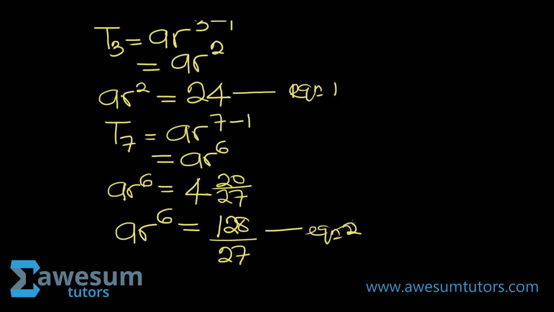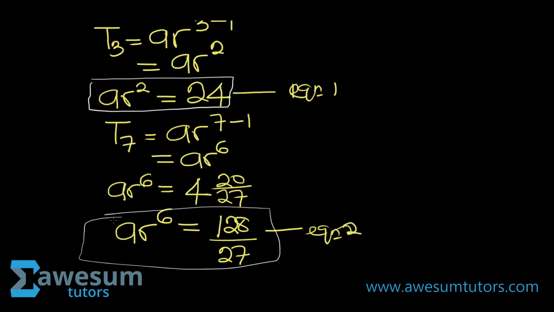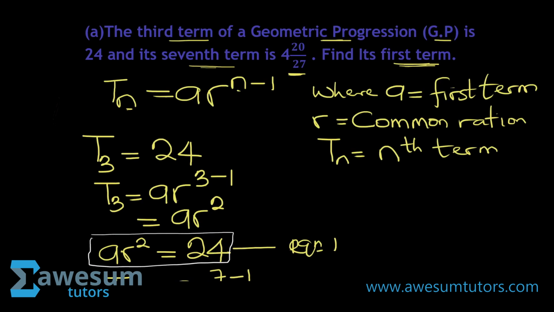Very good, guys. So now I have equation 1 right here, and I also have equation 2 right here. Now if you take note, the question asks us to find the first term.